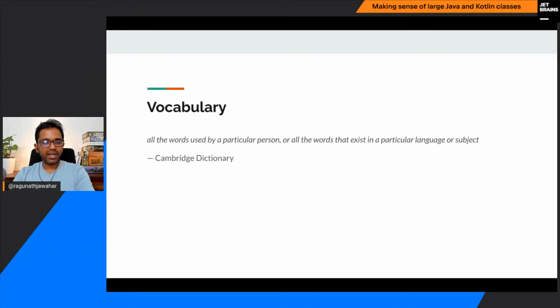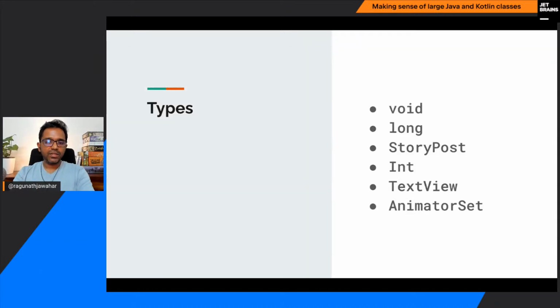So when we talk about vocabulary, a class can also have its vocabulary, because it's us trying to model problems in a natural language. When you talk about vocabulary in a class, there are only two things. One is types. Types are super interesting because they somehow model your problem domain in certain ways.